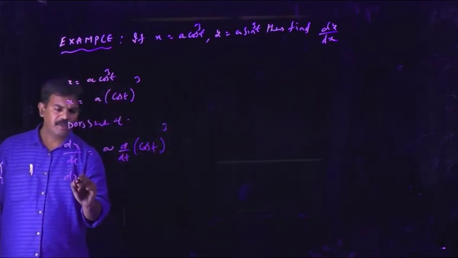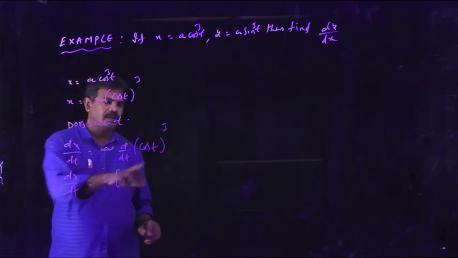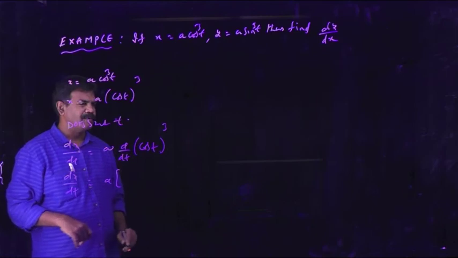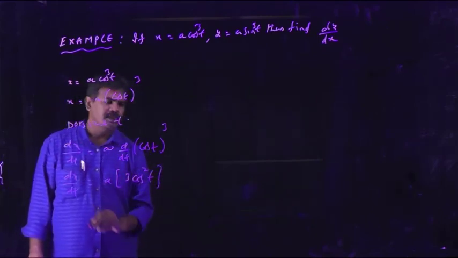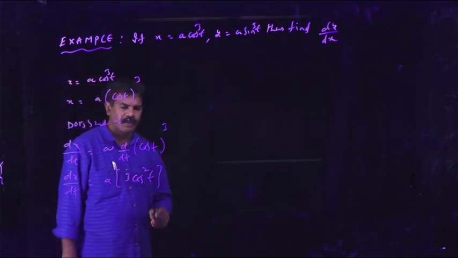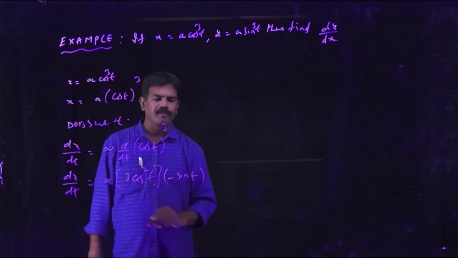So dx by dt is equal to a into the derivative of cos t whole cube, in the form of x power n. We write it 3 into cos square t, that is n into x power n minus 1, into the derivative of cos t, which is minus sin t.